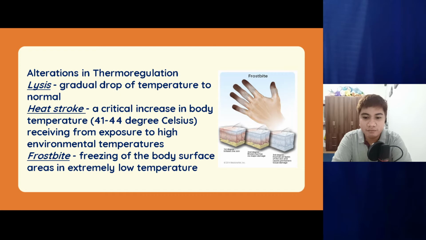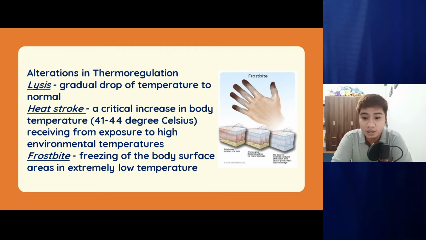Next is your heat stroke. This is the critical increase in the body temperature, 41 to 44 degrees Celsius, resulting from exposure to high environmental temperatures. Especially in areas like the Middle East, having too much heat or sandstorms, usually the heat range reaches 41 and above.